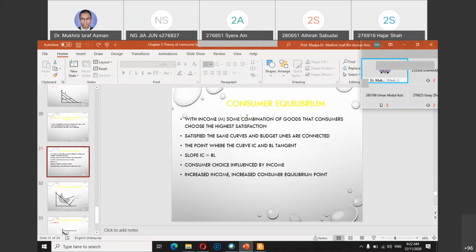Finally, we want to look at consumer equilibrium.